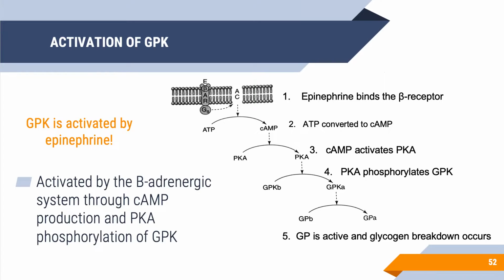Cyclic AMP is a second messenger, can go through its signaling cascades to activate PKA, and PKA can then phosphorylate glycogen phosphorylase kinase. This phosphorylation of glycogen phosphorylase kinase increases its activity, which then also increases the active form of glycogen phosphorylase to increase glycogen breakdown.